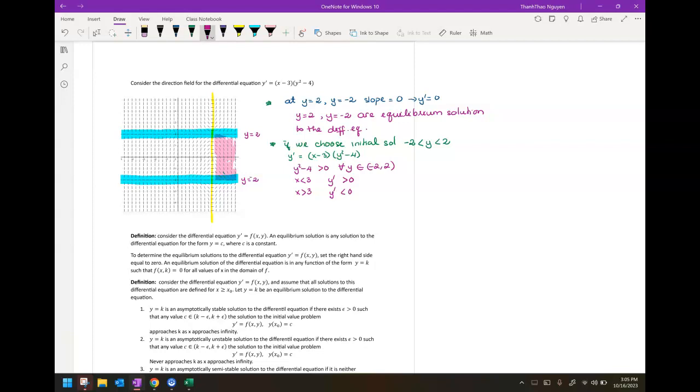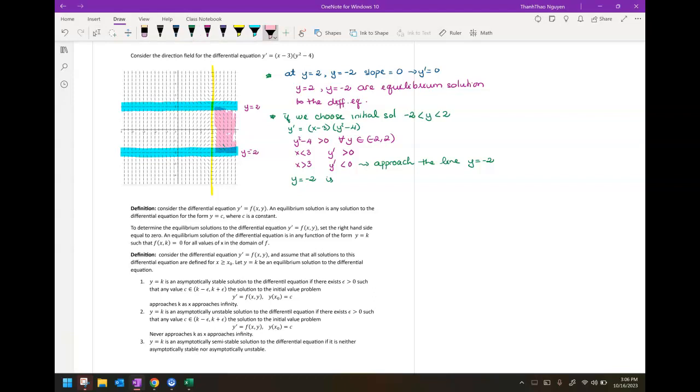Okay, so it approaches y equals -2. This we call y equals -2 asymptotically stable.